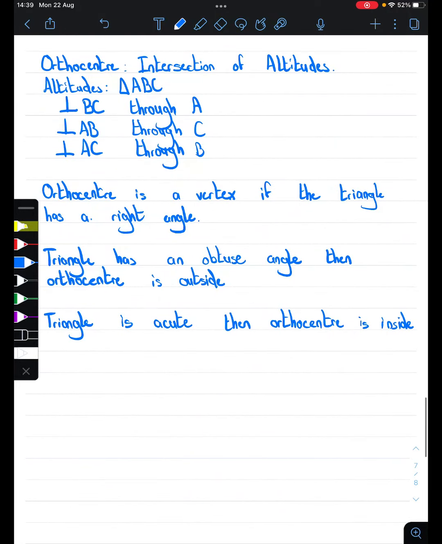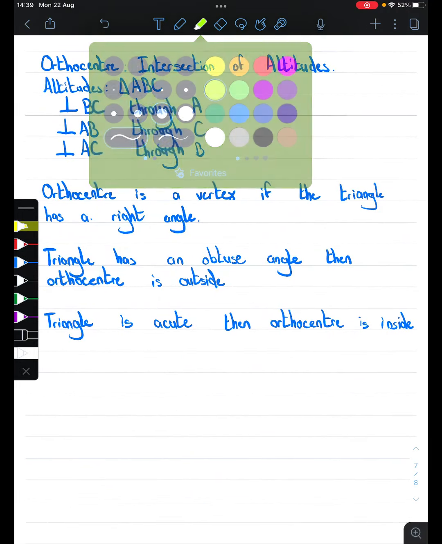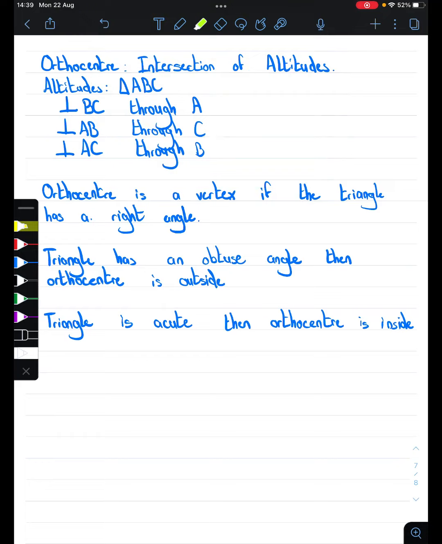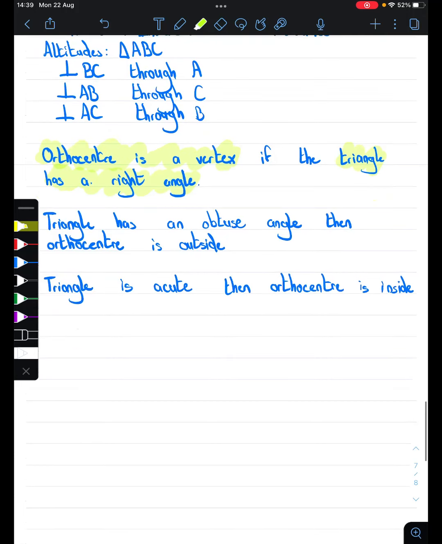So now what we're looking for, we want to show that the triangle has a right angle at C, and then the orthocenter will be C, the vertex C. Okay, so does ABC have a right angle at C?